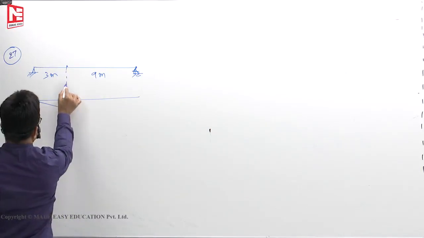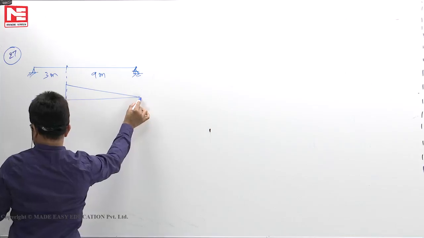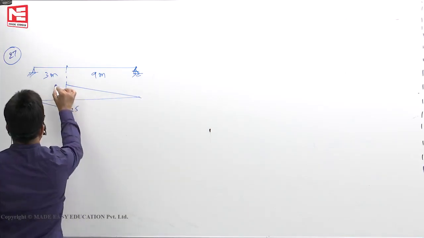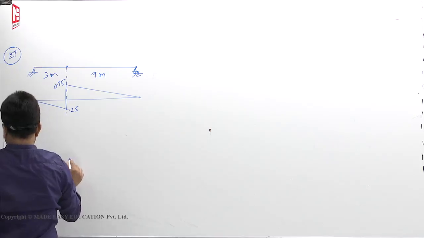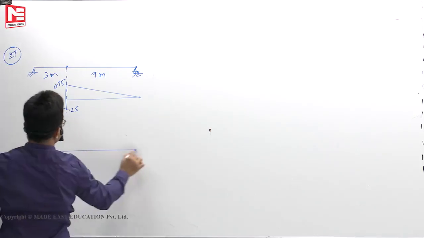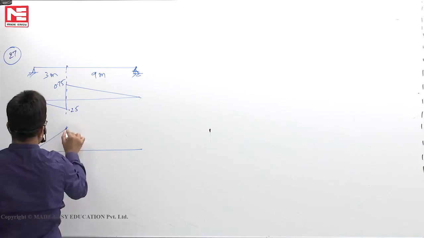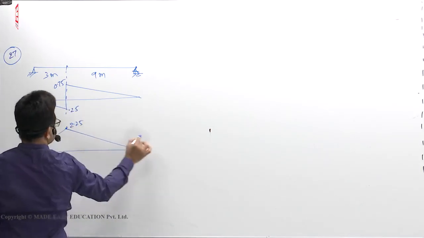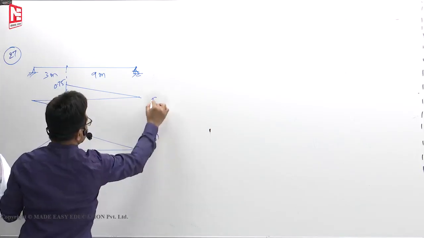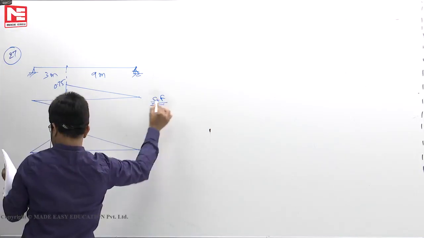Cut down, lift it up like this. This is 0.25, 0.75. Then bending moment. This we know they have already drawn, 2.25. This is for bending moment, this is for shear force.